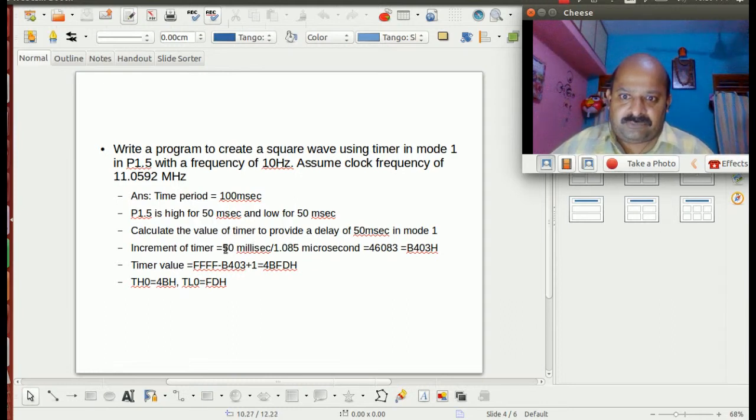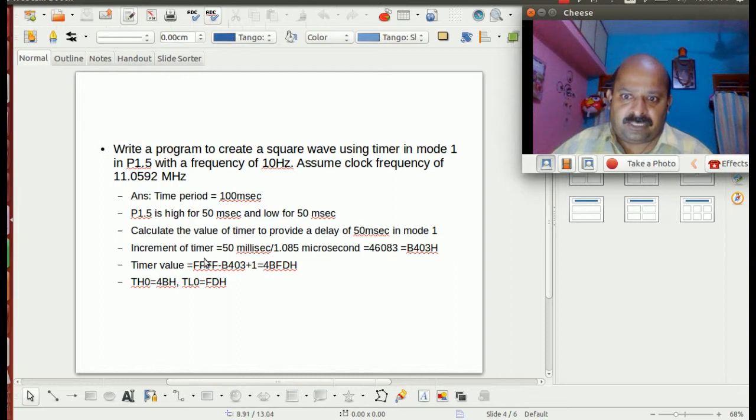So to achieve a delay of 50 milliseconds, the timer has to increment by 46,083 counts. Okay, so that corresponds to B403. Now, if this is the number of counts that the timer has to increment, then we have to work backward from FFFF to achieve the value of the timer.